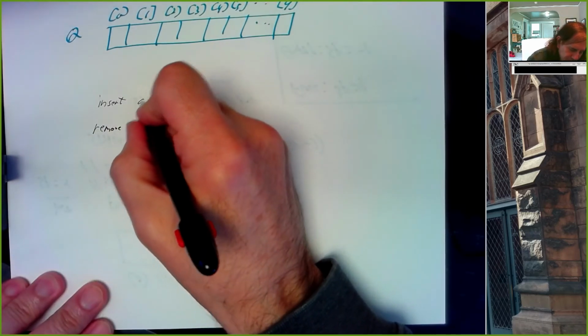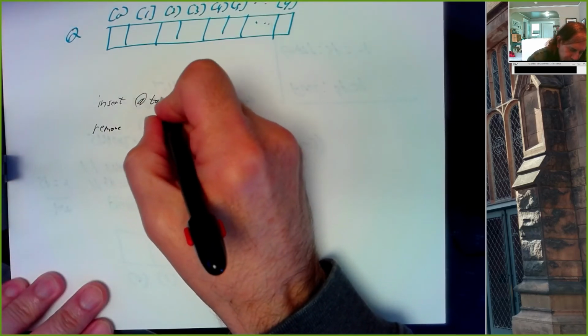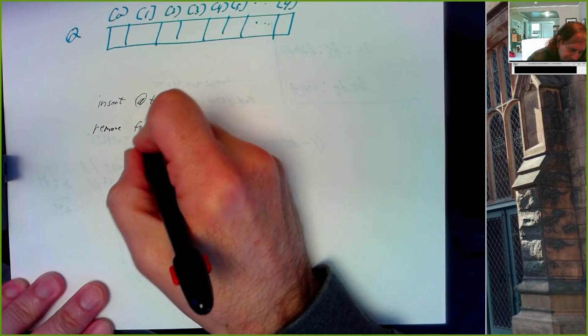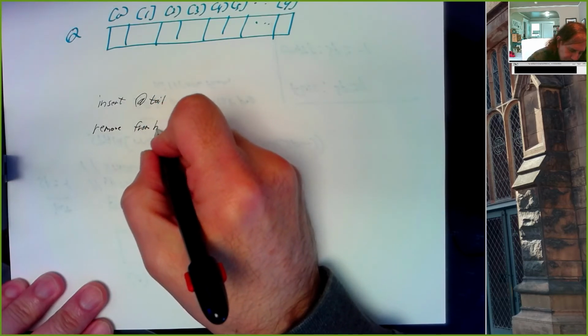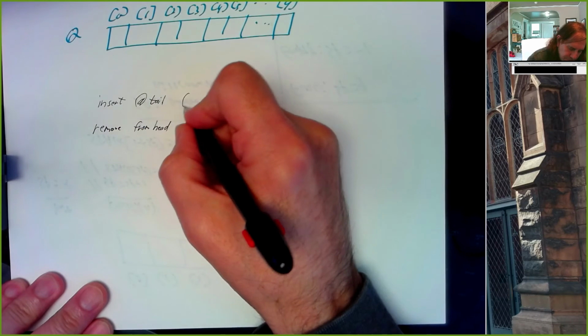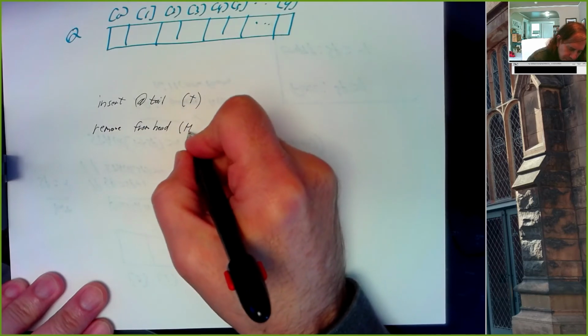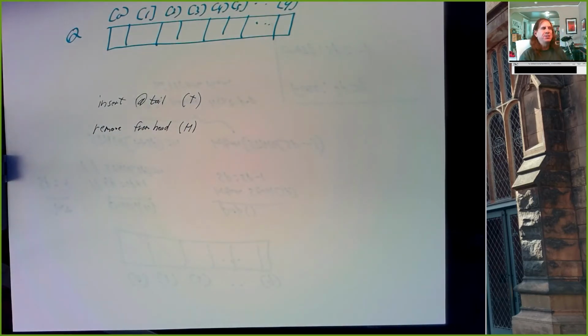So we insert at the tail and we remove from the head. So I'm going to have a pair of pointers. I'm going to call them T and H. And T is going to show me where I'm going to insert my next value, and H is going to show me where I'm going to remove my next value from.